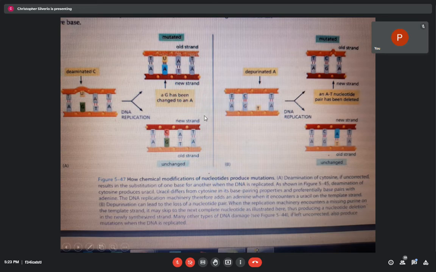Again, you have to understand replication of the DNA. In the replication of the DNA, there are enzymes involved in the synthesis of the new strand. So, in deamination, what will happen?